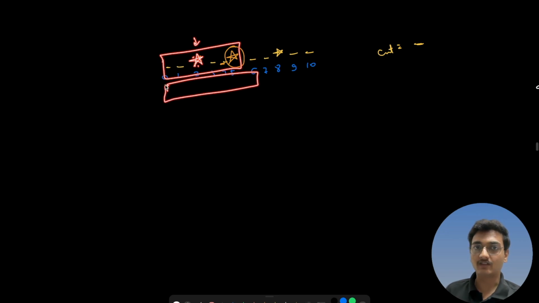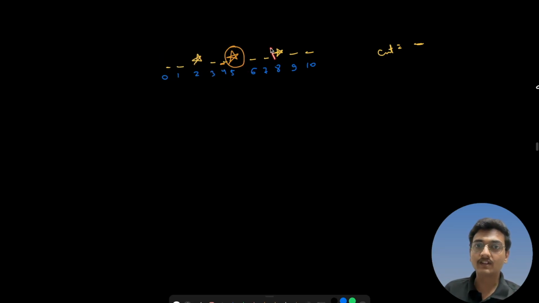Is this fine or not? Yes, it is. There are many substrings which I have already calculated in this star. So will I calculate them again in this one? No, I need to avoid those substrings.